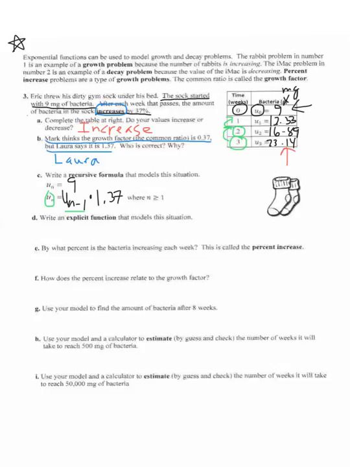In the video with the rabbits, we used R and T, but this time we're going to use B and W. B for bacteria, W for weeks. We're always going to put our u sub 0 first, which is 9.